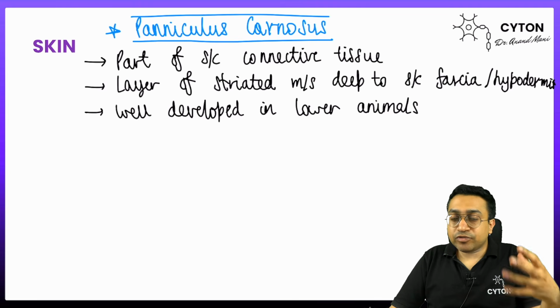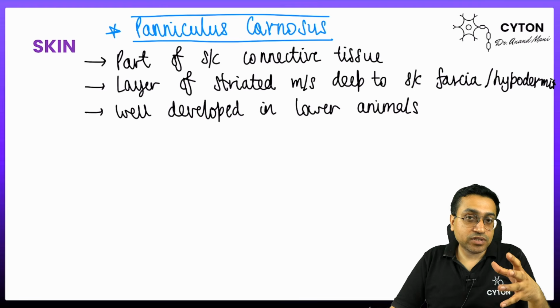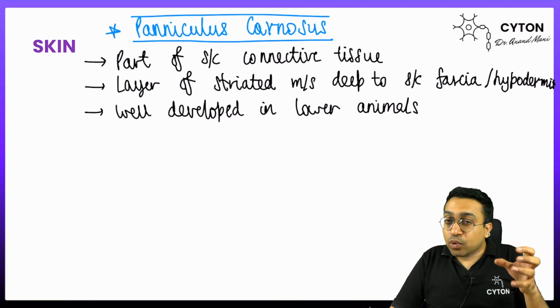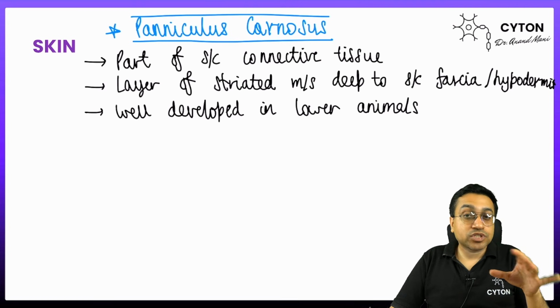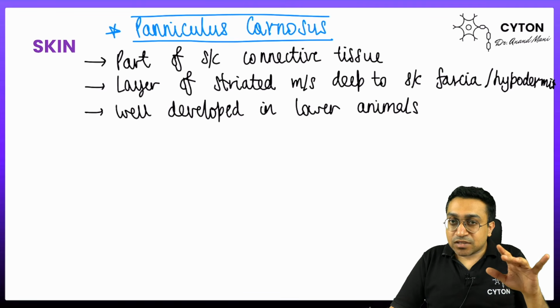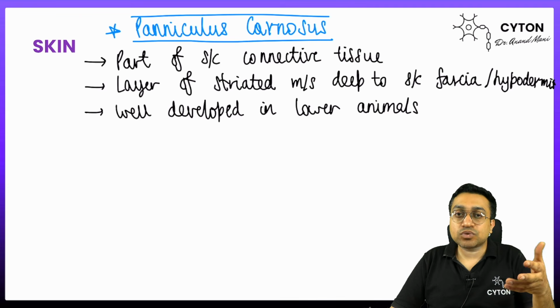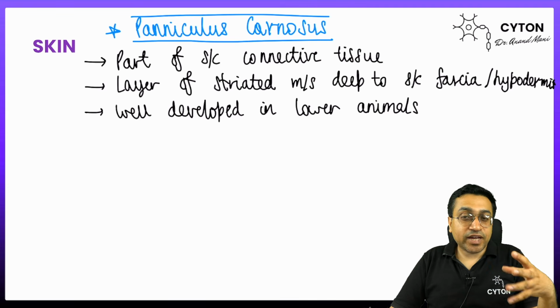On the hump of the cow or the buffalo, you might have noticed flies or mosquitoes or sparrows sitting. How does the cow or buffalo shake it off? The muscles twitch up. That is the Panniculus carnosus, which helps the lower animals keep flies, mosquitoes and insects away from their body.